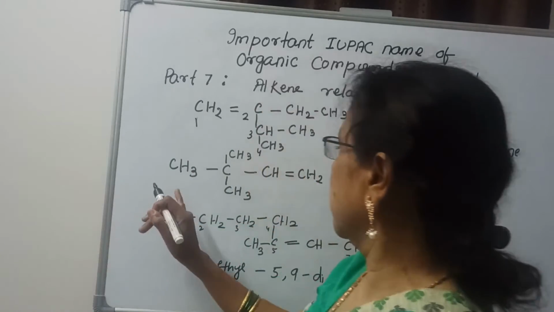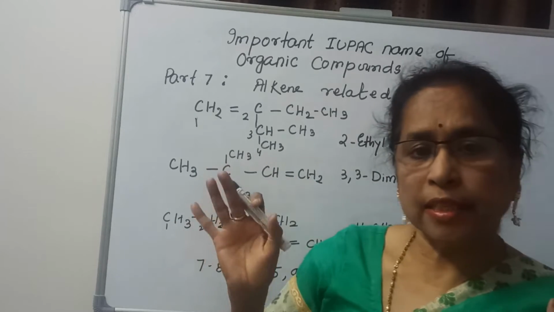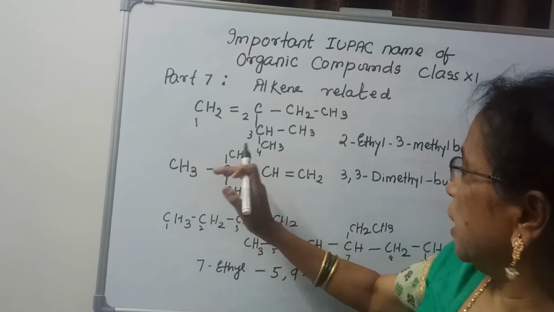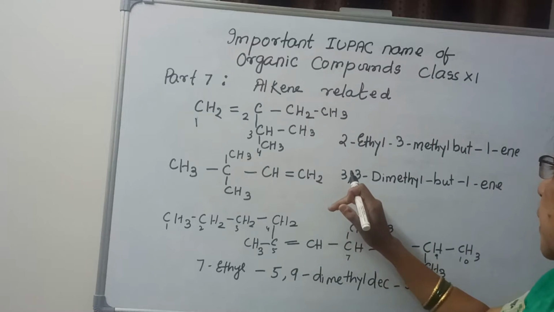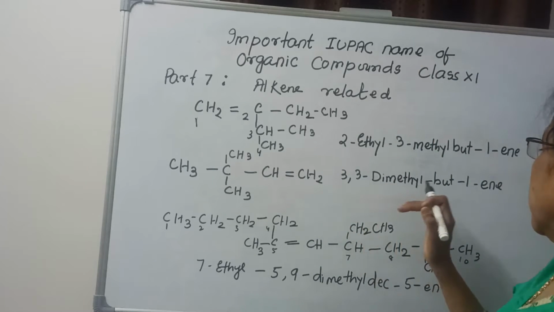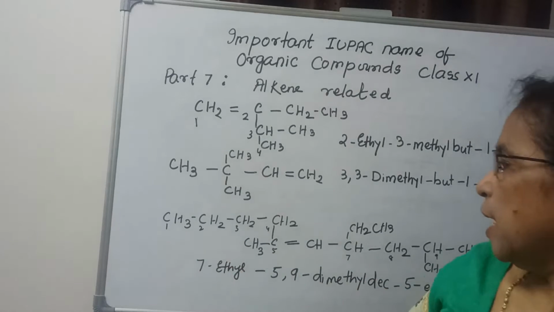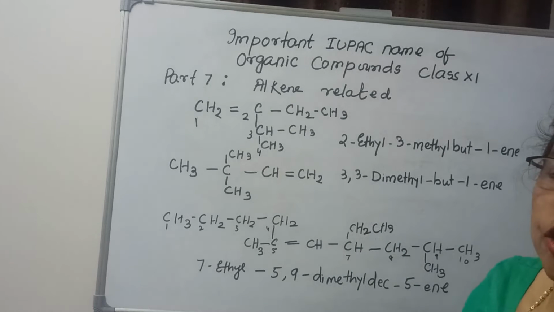Here you can observe CH3, CH2, that is the double bond here, 1 2 3 4. In 3 position there are 2 methyl groups, that is why 3,3-dimethyl but-1-ene.